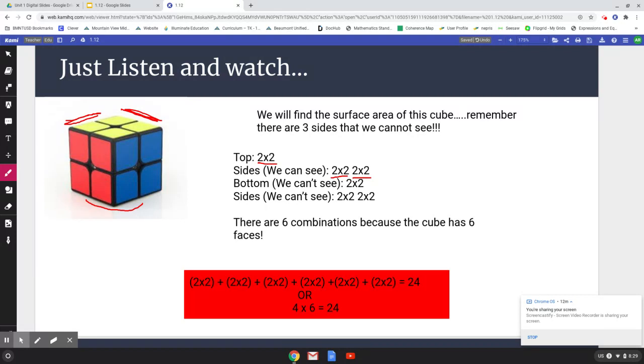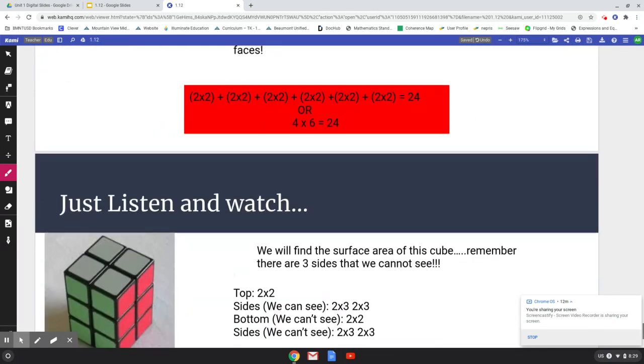So it says there are 6 combinations because the cube has 6 faces. So here's what I did for the work: 2 by 2, 2 by 2, 2 by 2, and keep going, and you would get 24. Or what most of you would do, you would just say, well, 2 times 2 is 4, and there's 6 sides, so 4 times 6 is 24, and you would get your answer.